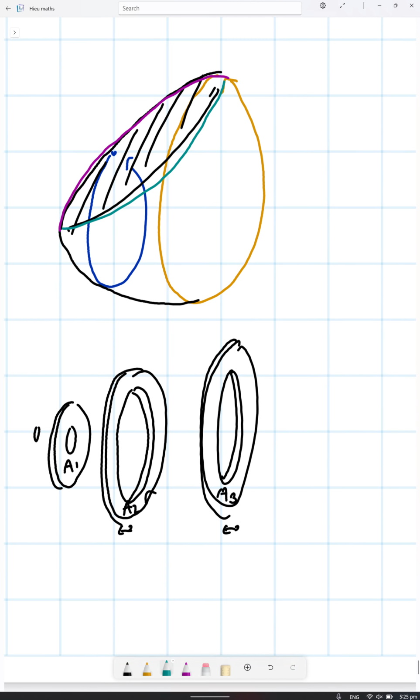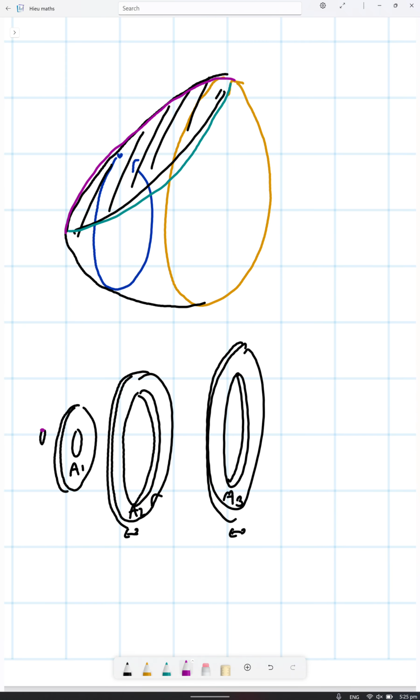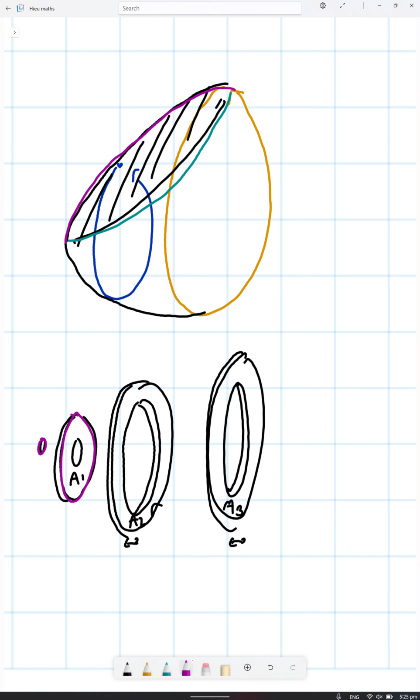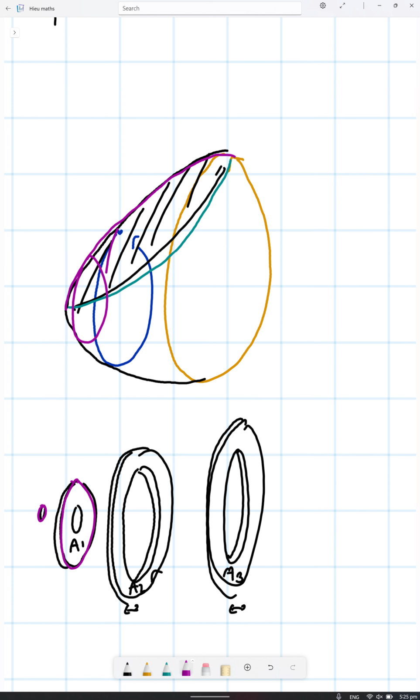Or if we look at it on our washers, our outer edge is around here. This is our outer edge, which is just created by the rotation of each point here, which creates these washers. So that's what we're doing.